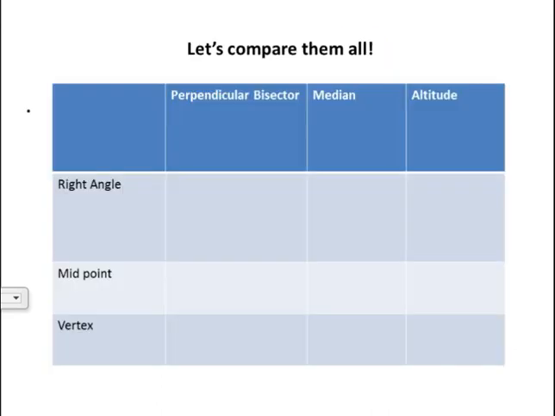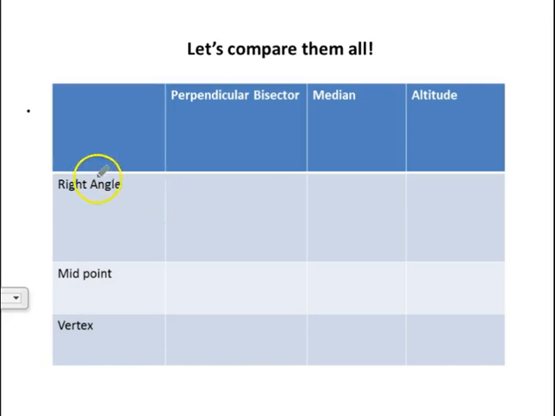Okay. So let's compare all these. There's three main characteristics that we were talking about when we talked about perpendicular bisectors, medians, and altitudes. So we learned about three different types of segments in triangles. Using a graphic organizer is super helpful because there's three properties, three characteristics that we talked about for each of these.